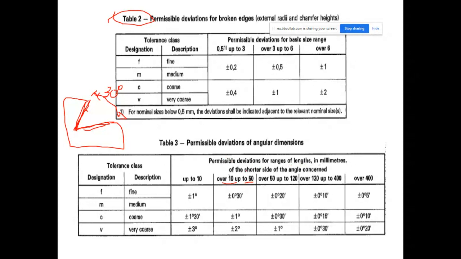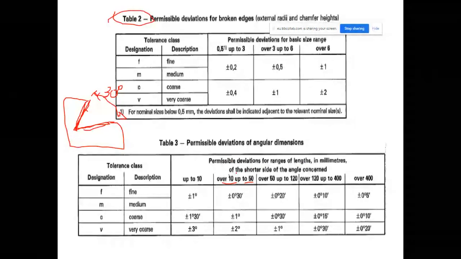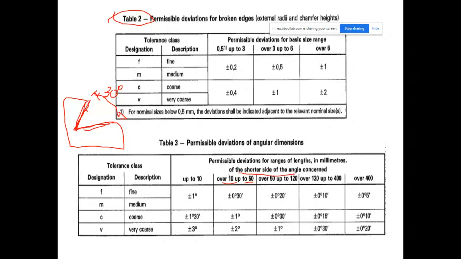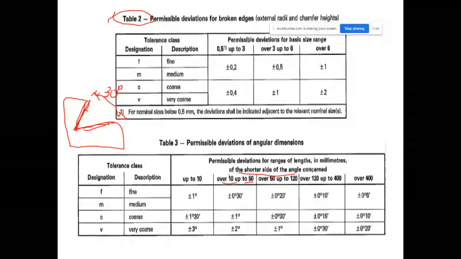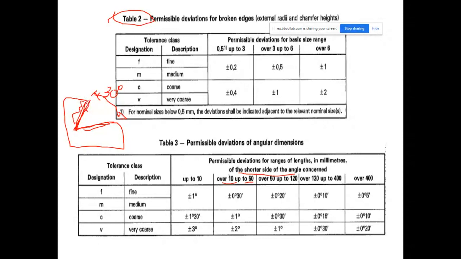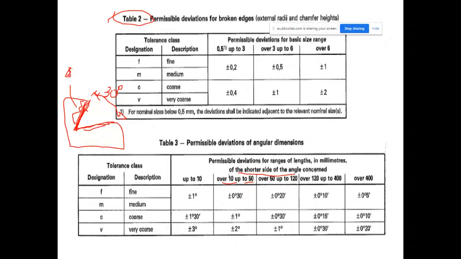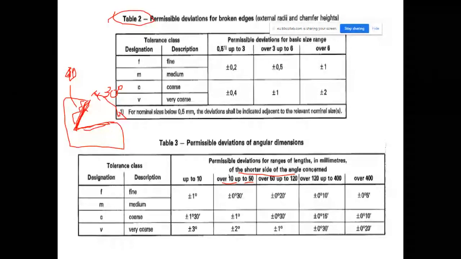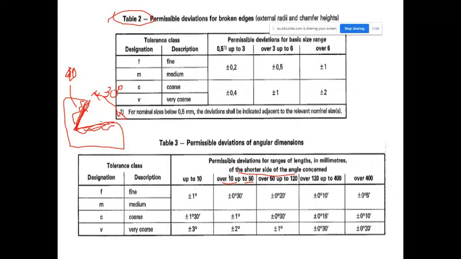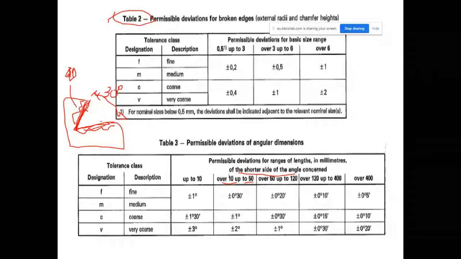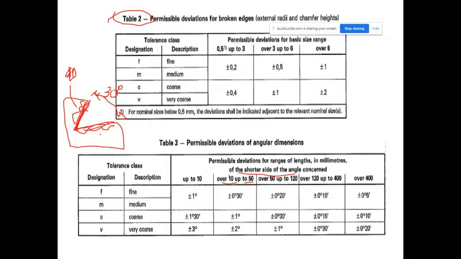As it is written over here, the written numbers just correspond to the shorter side of the angle. Well, for instance, the length of the edge of the surface here, for instance, 30, or say 40. Okay, the length of the other surface, these two surfaces are inclined and forming an angle between them.